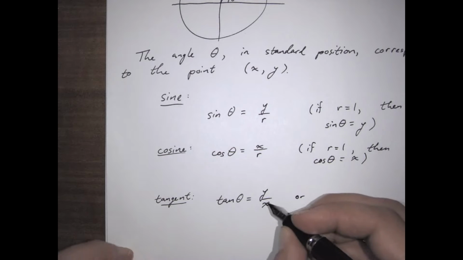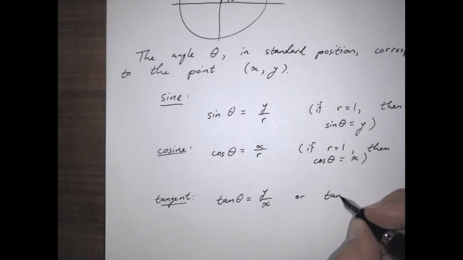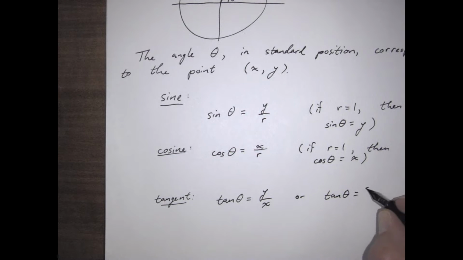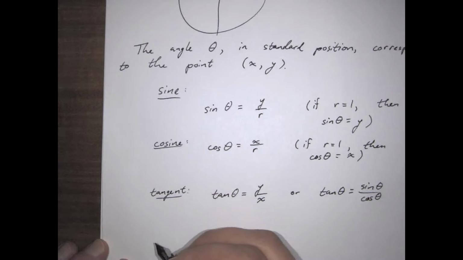Or another way of writing it is, if we divide the top and the bottom each by r, then tan theta equals sine theta over cosine theta. Okay, so tangent is y over x, and one of the easiest ways of thinking about it is just think of it as the slope of the ray. It's how much it goes in the y direction divided by how much it goes in the x direction. In other words, rise over run. Okay, so that's the tangent, and those are the first three.